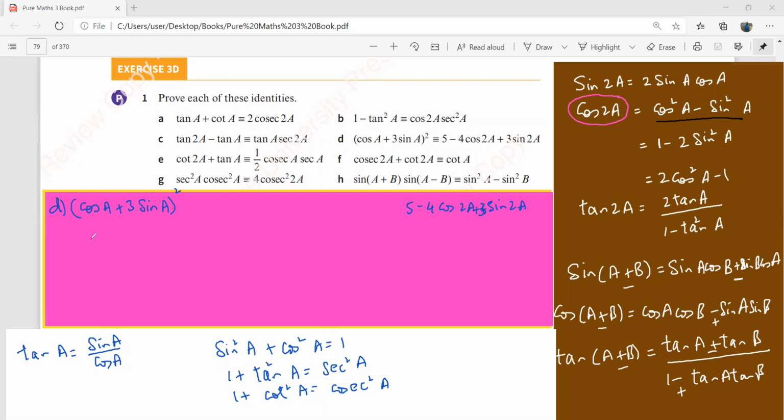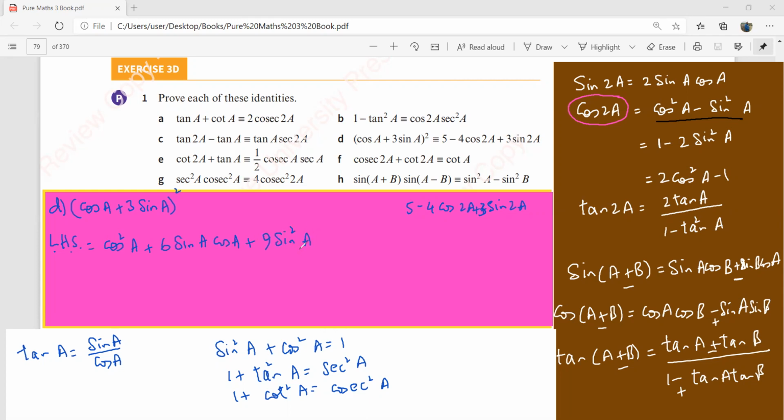Let's see what do we get. I think this would be an easier identity to prove. This is going to be cos square a plus 6 sine a cos a plus 9 sine square a.